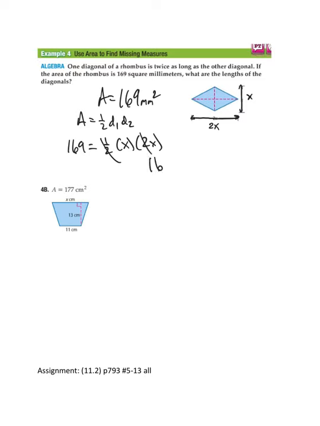So you're going to have 169 equals X squared. To solve, we square root that, and we get 13 as X. So one diagonal is 13. Our units were millimeters squared, so millimeters for linear distance. And 2X would be 26 millimeters. It's a little problem solving on that one.